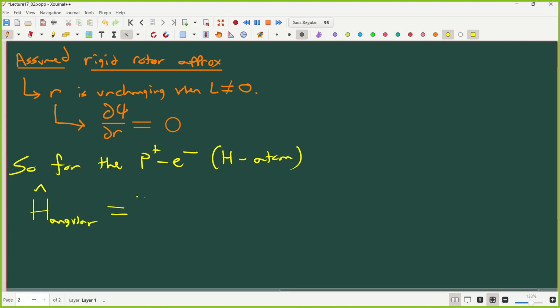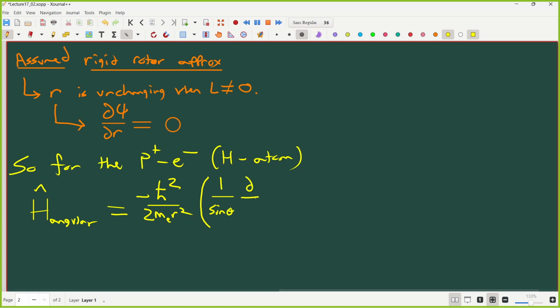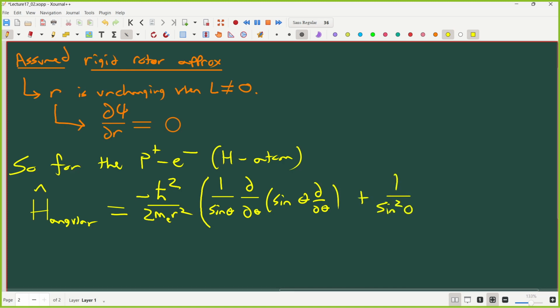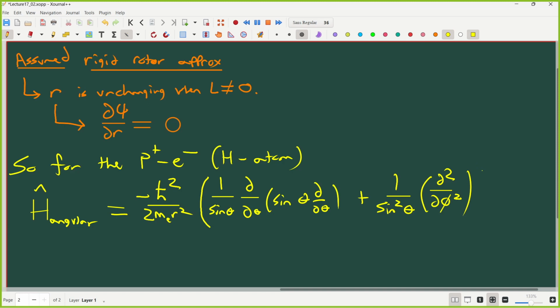Is going to be equal to minus h bar squared over 2 me r squared times 1 over sine theta d by d theta sine theta d theta plus 1 over sine squared theta d by d phi squared, like so.